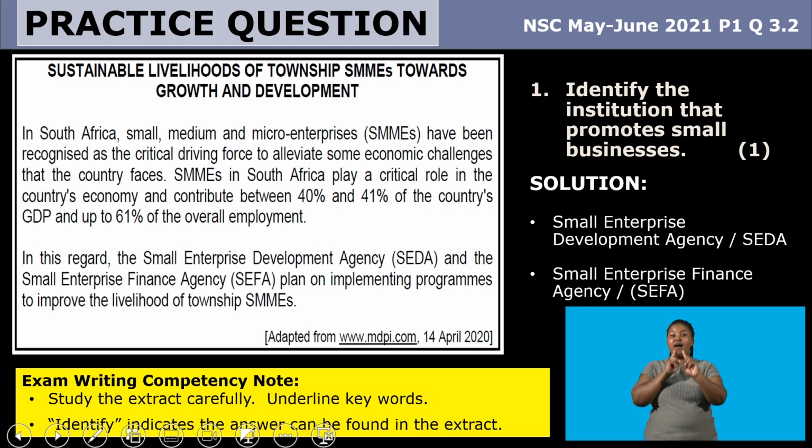Our response is the Small Enterprise Development Agency as well as the Small Enterprise Finance Agency. The word identify means we can actually get our answer from the extract. And we are given the SEDA here and also the SEFA from the extract.